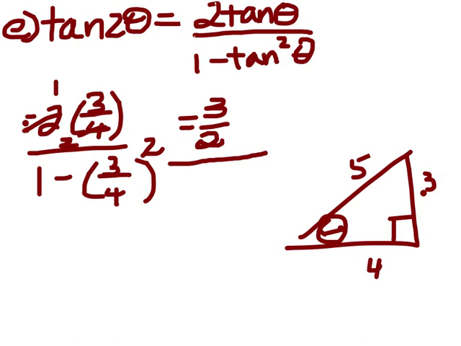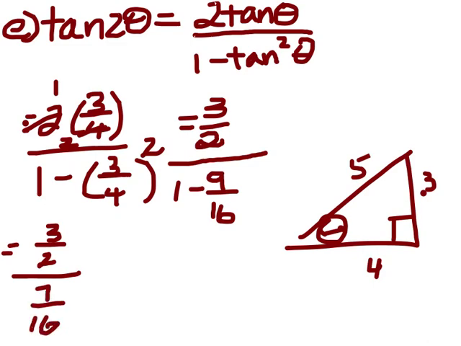On the bottom, I'm getting 1 minus 9/16. What's 1 minus 9 over 16? We could rewrite 1 as 16 over 16. So it would be 7 over 16. And just subtract.